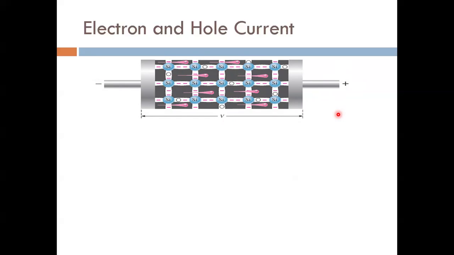So we can say the holes are moving in the opposite direction, because as electrons move from left to right, they will fill the holes on the right side and will leave the holes on the left side. So we can say holes are moving from right to left.